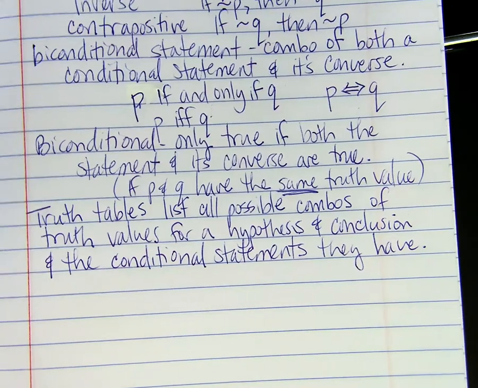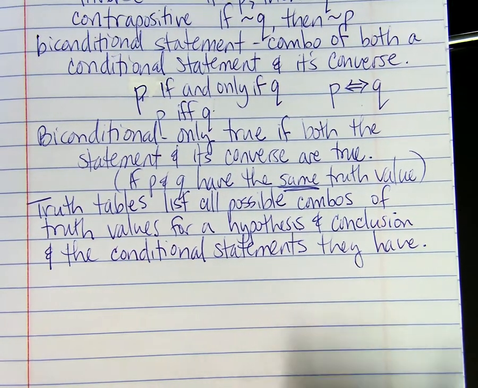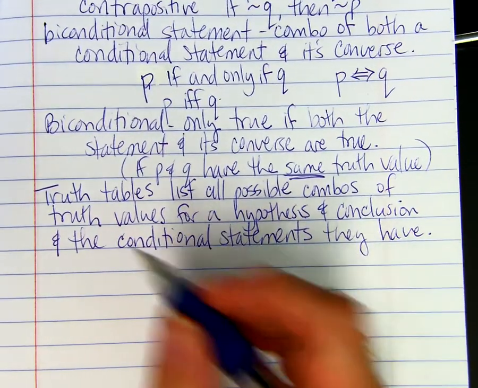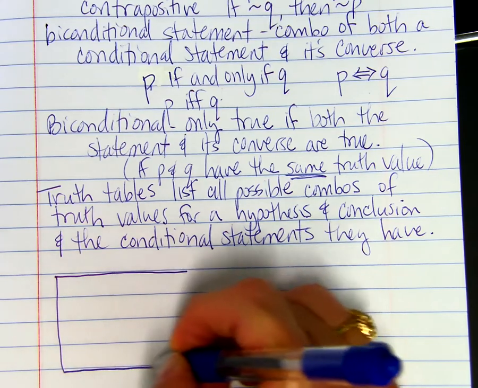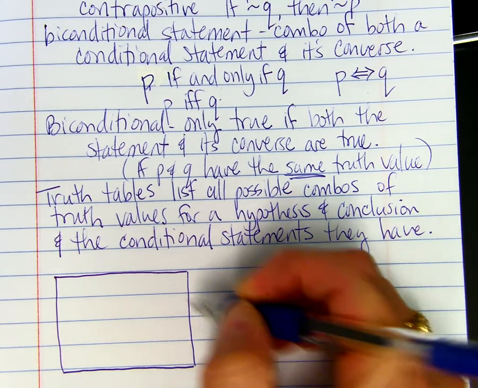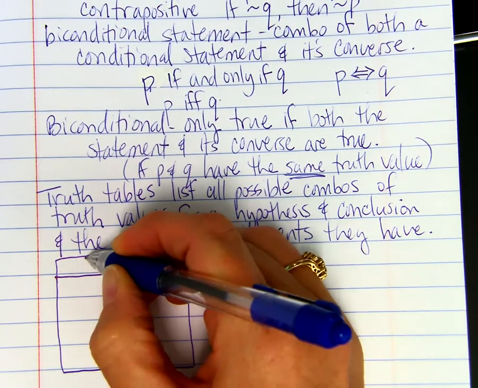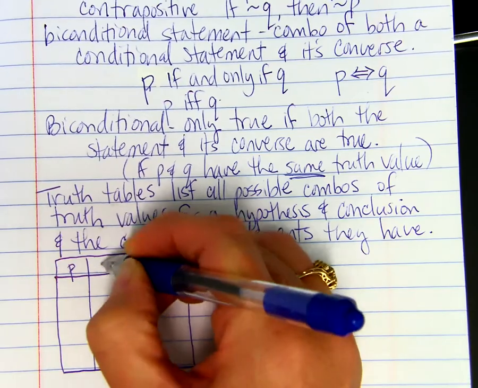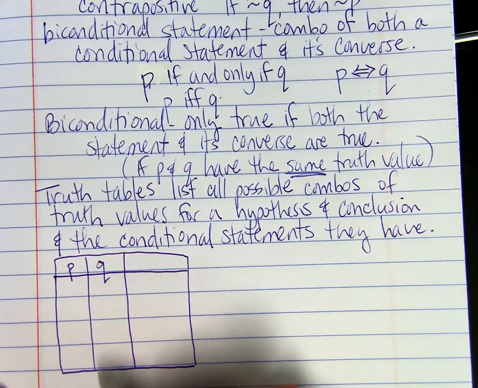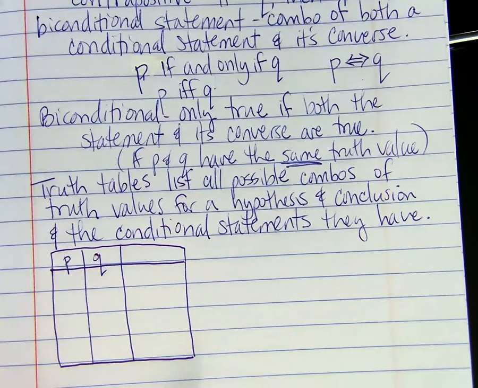So to start a truth table, it always starts the same way. So we have our table. The first two columns will be the same every time you write a truth table.